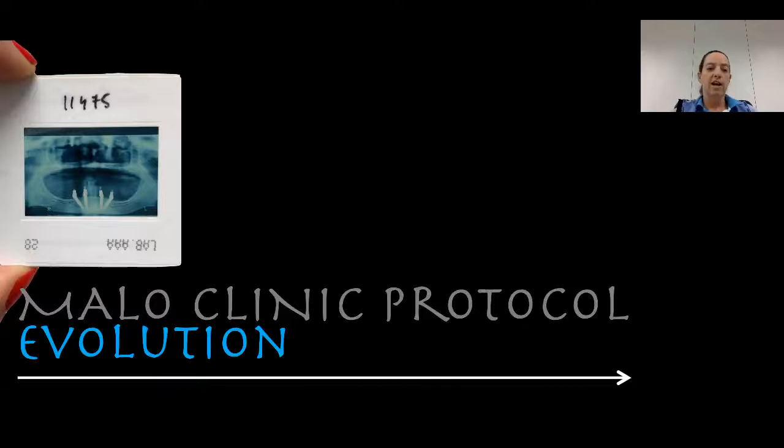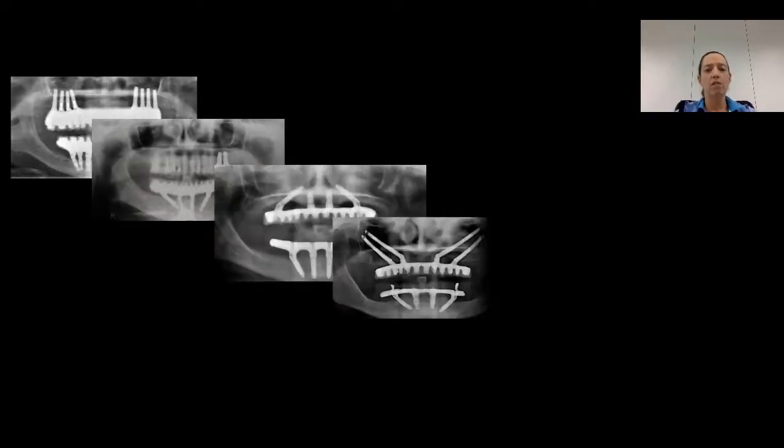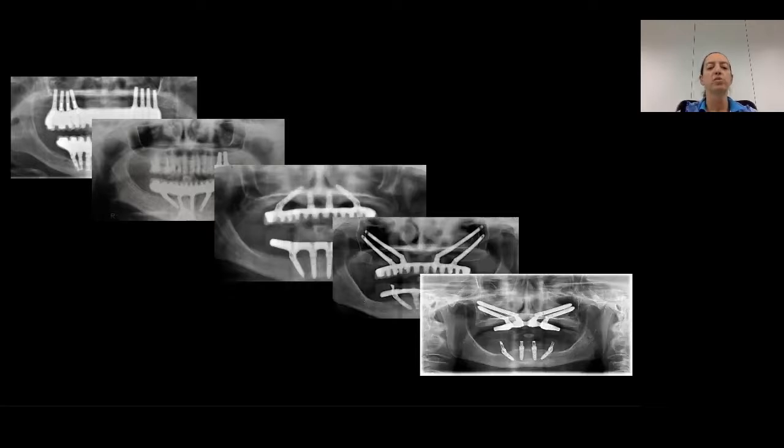So how is the evolution? It started many years ago, when we were still doing a lot of bone transplants and placing as many implants as possible. Then we started with the All-on-4 protocol in the mandible. After seeing that it was working in the mandible, we tried the maxilla with exactly the same protocol.